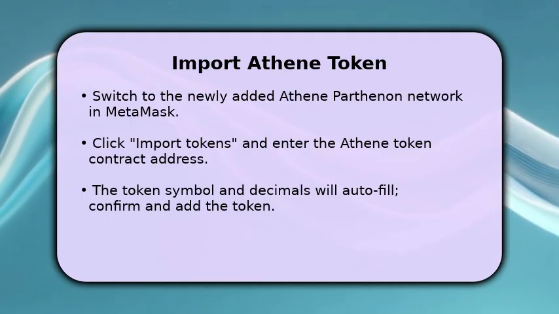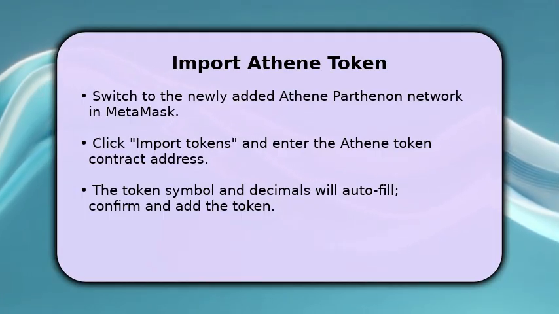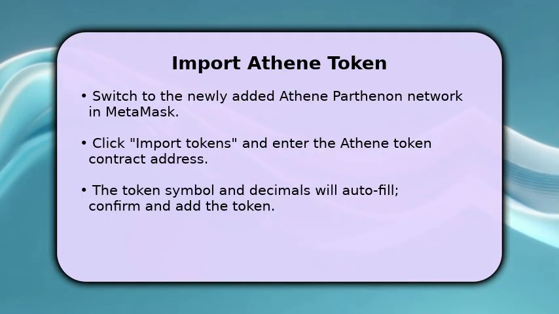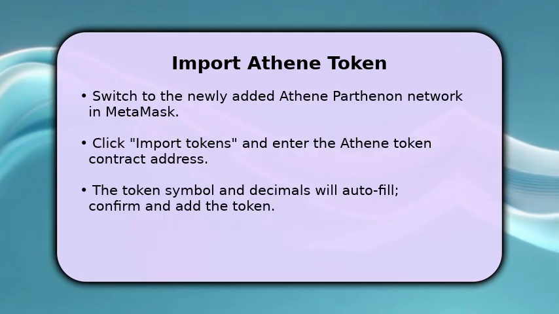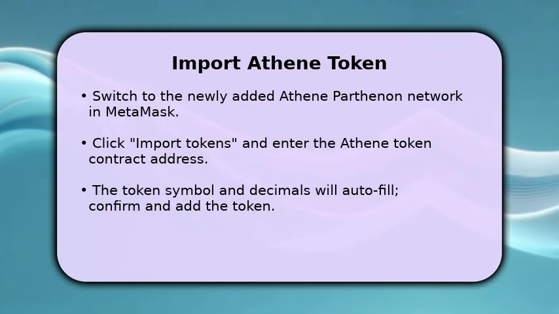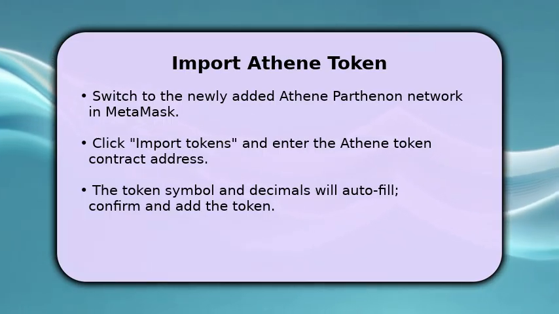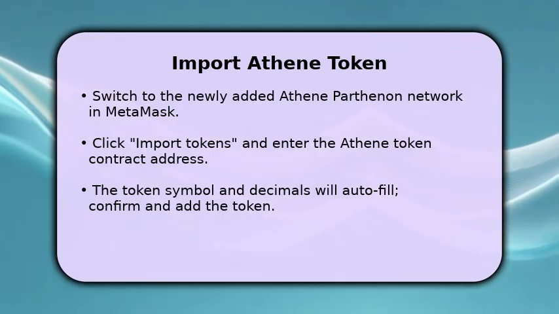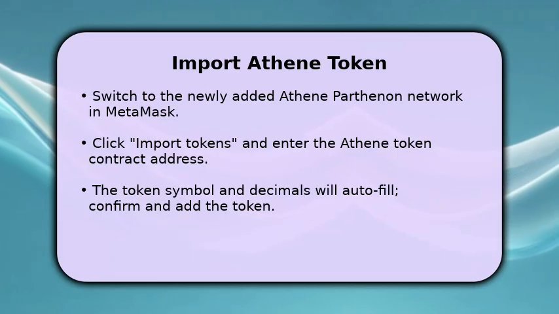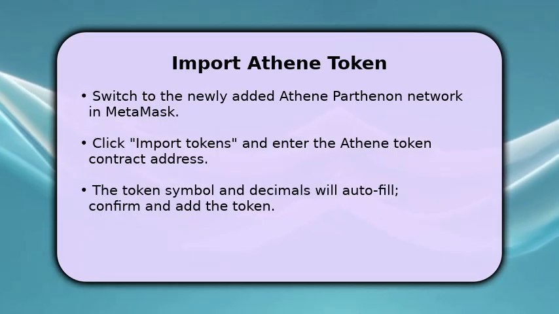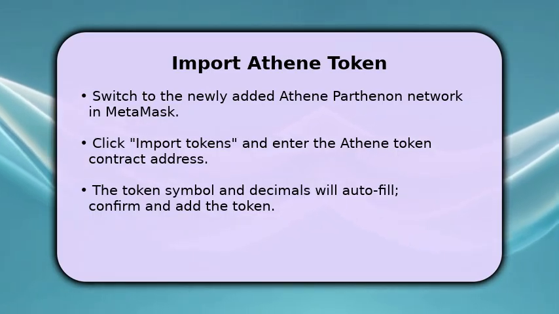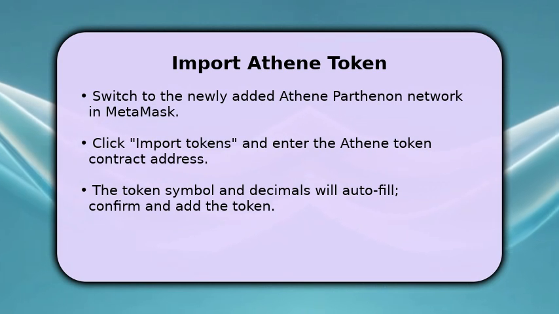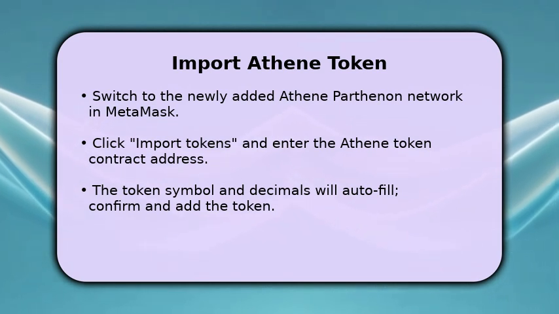Here, you will paste the Athena token contract address, which is 0x21AB3EE 875179 D230A5D6 FD 470171089020B FD0. The token symbol ATH and its decimals will automatically appear. Confirm these details and click Import to see your Athena tokens.